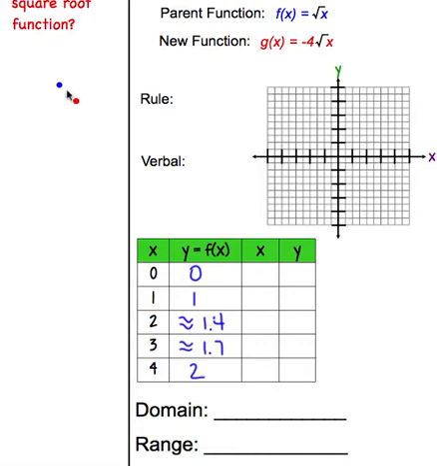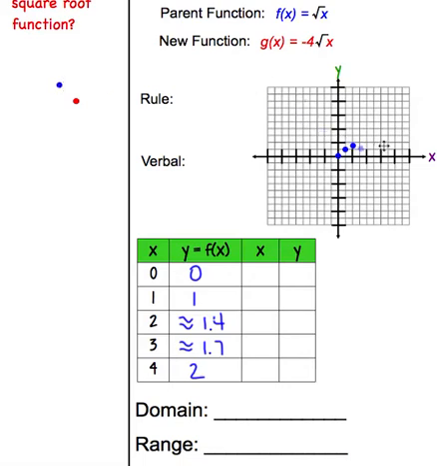And I've got my points already pre-made here. So 0, 0, 1, 1. Then we've got 2, 1.4, which these numbers are going to start to look kind of similar.